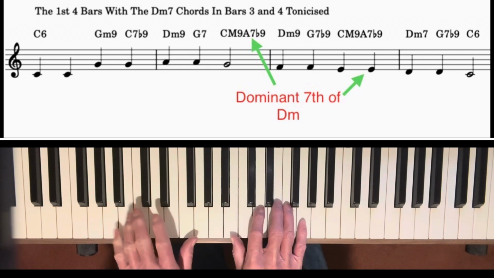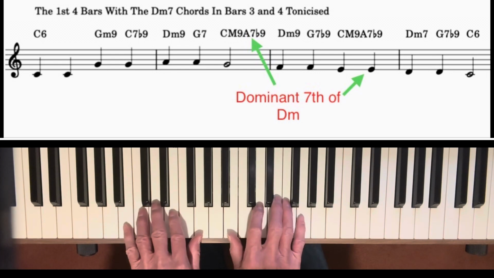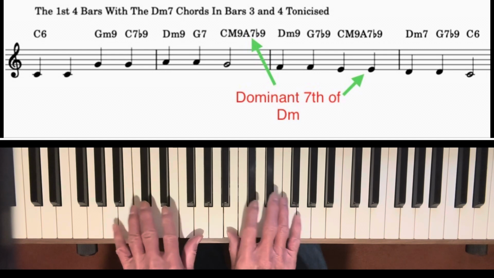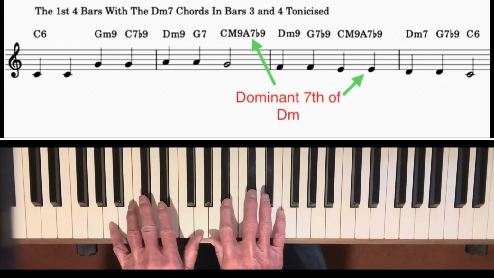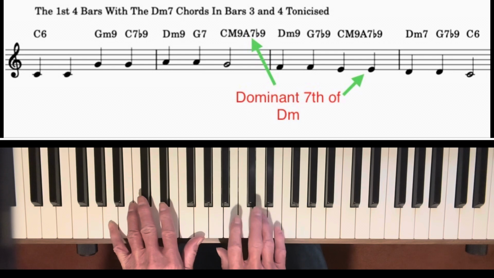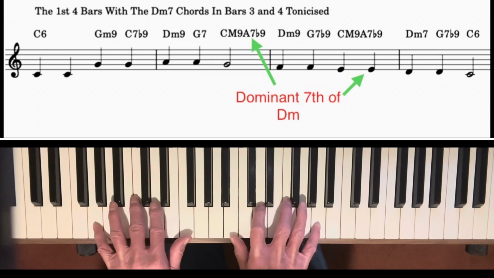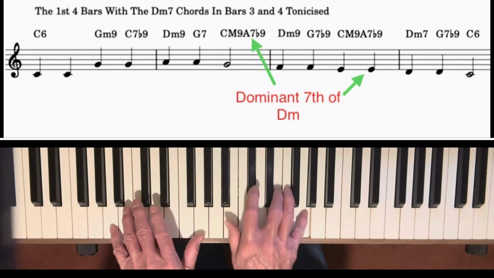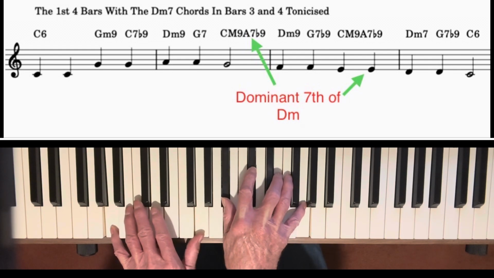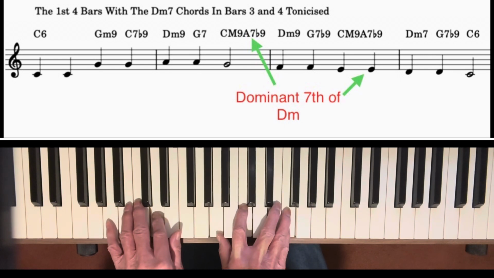Now that works really well because the 7th of C major 7, that's B, and the 9th both drop a semitone. The 7th drops to the flattened 9th of A7, and the 9th drops to the 3rd. Now not only that, but when you then go on to D minor 7, they both drop another semitone.